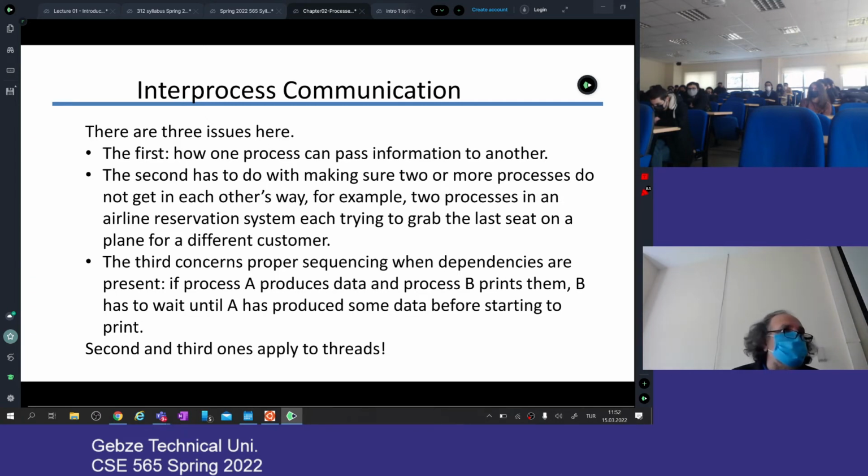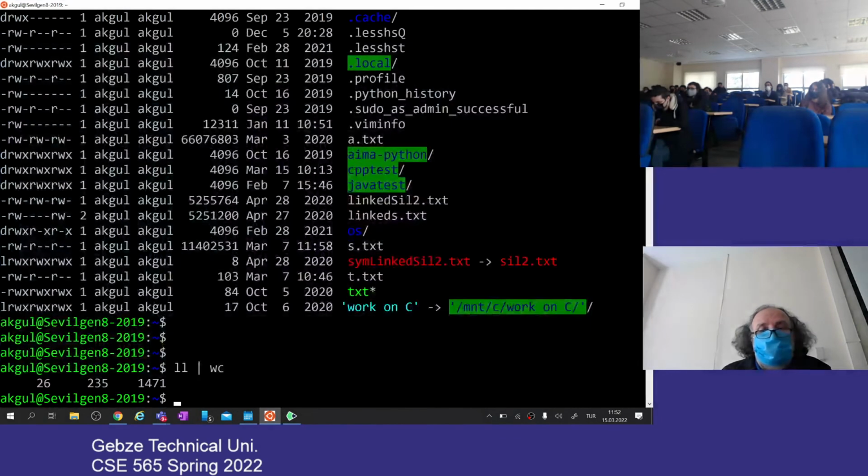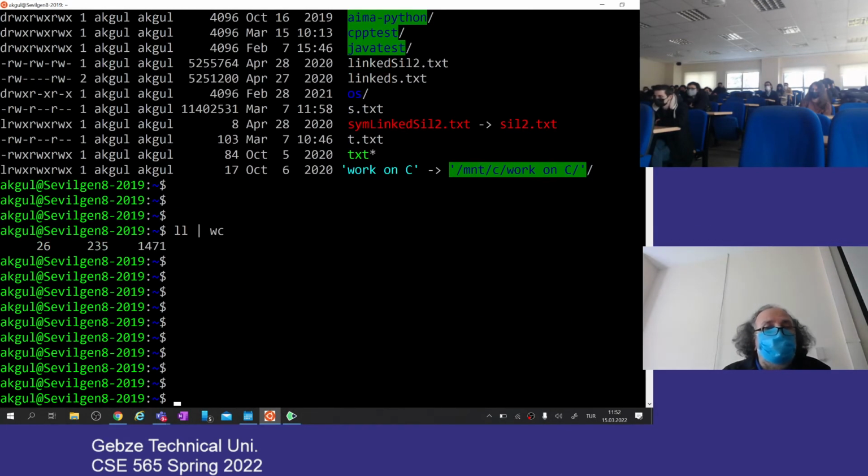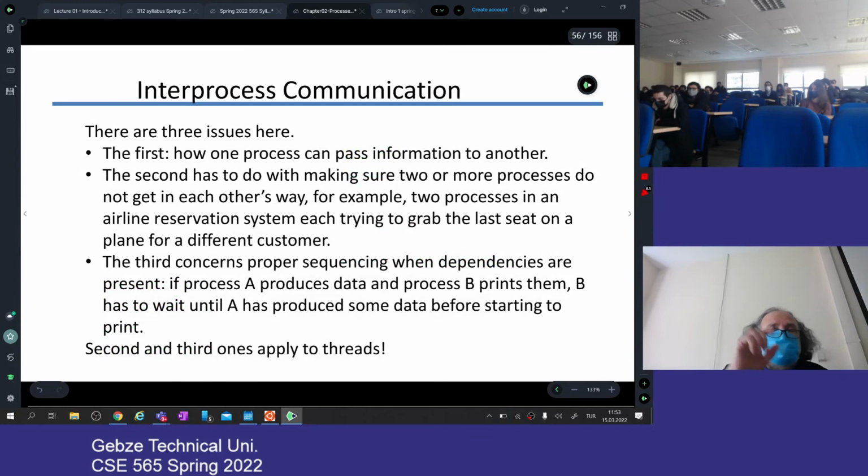For processes, you use operating system specific ways of handling it: a specialized pipe file, a regular file, or sometimes special places in memory that can be shared between processes.